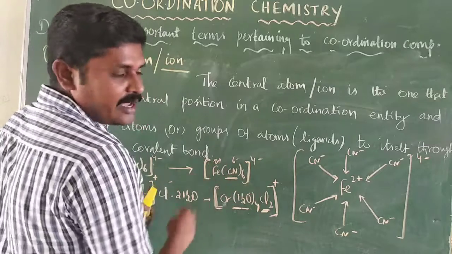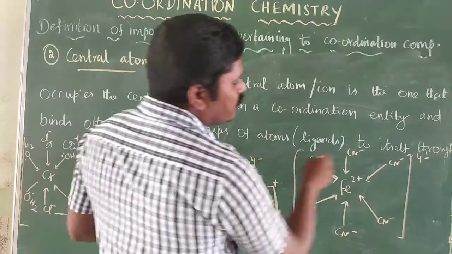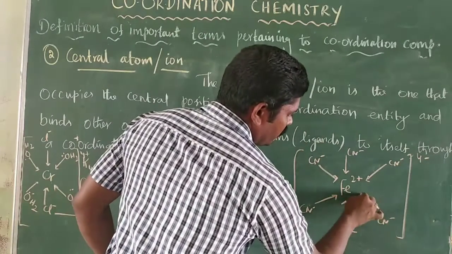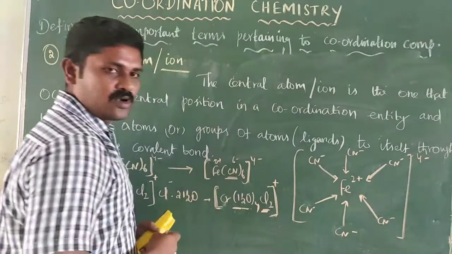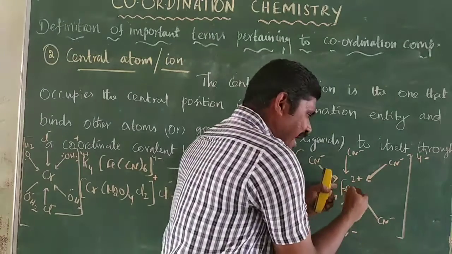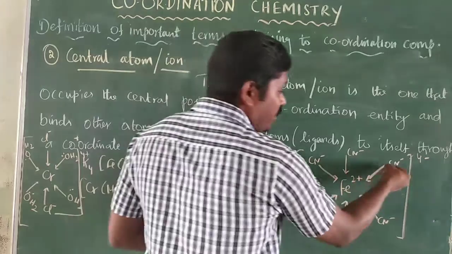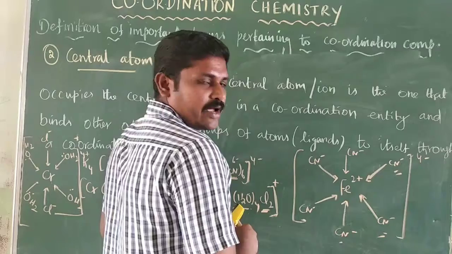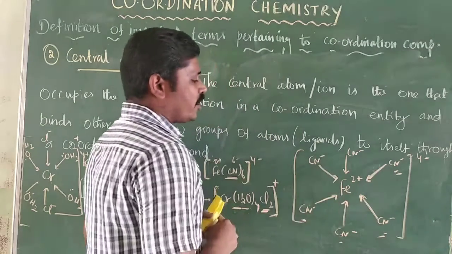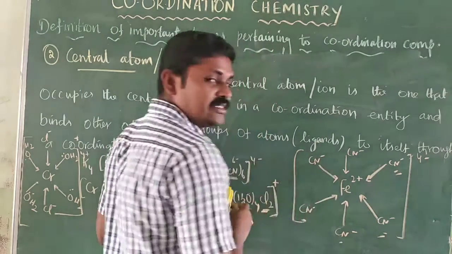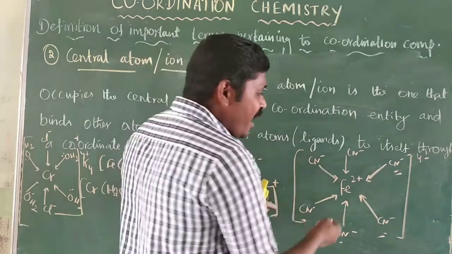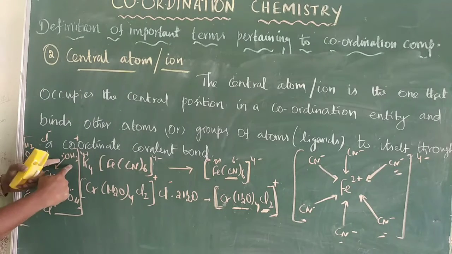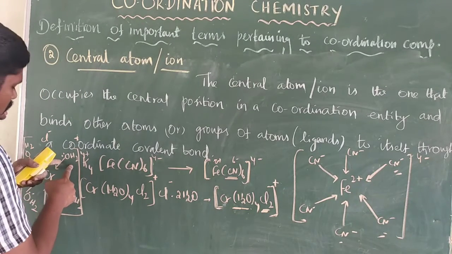Ligands bind to the central atom through a coordinate covalent bond, right? The central metal atom or ion accepts electron pairs from ligands. So that bond is a coordinate covalent bond. The central metal atom or ion accepts electron pairs from ligands CN minus, Cl minus and H2O, water.